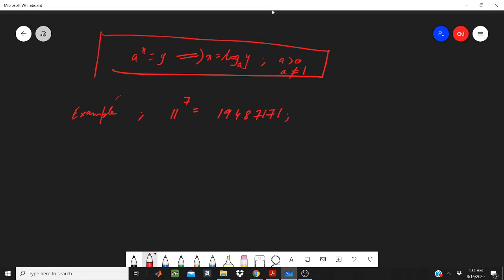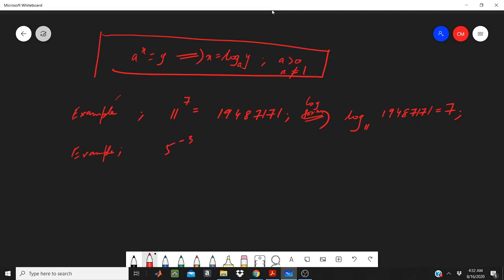If this number is not accurate, just correct it for yourself. This example is just to give you the point. In log form, that's log base 11 of 19487171 equals 7.